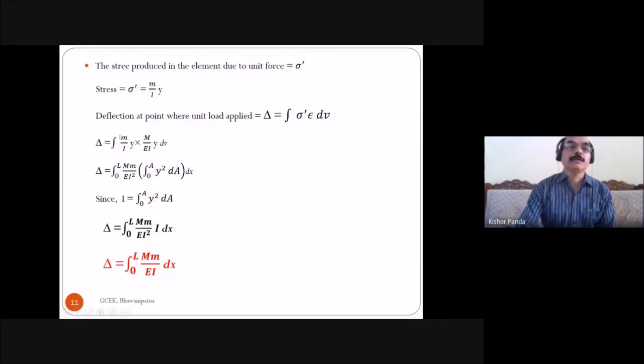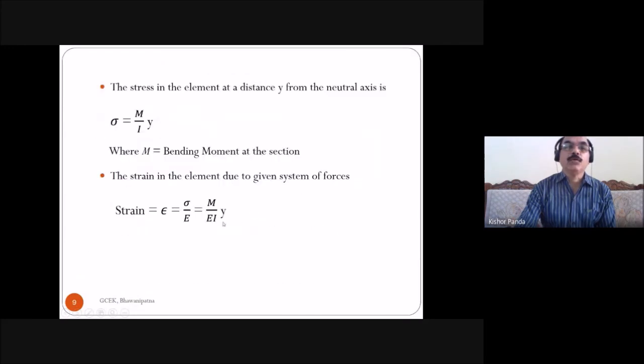So sigma dash is equal to small m by I into y. The deflection at the point where unit load is applied, delta, is equal to integration of sigma dash epsilon dV. The stress sigma dash is due to the unit force, and epsilon is due to the external applied forces, which is capital M by EI into y.